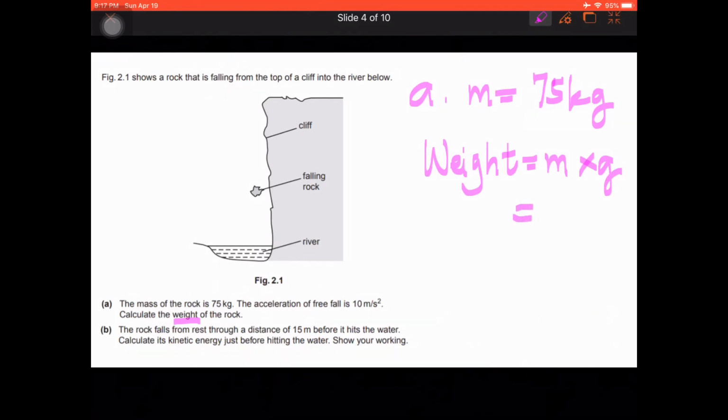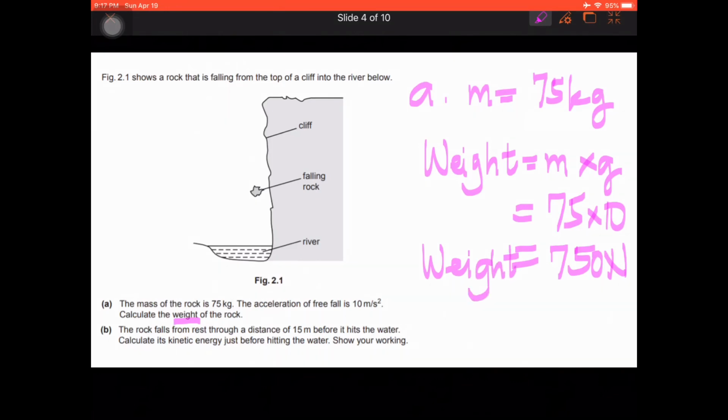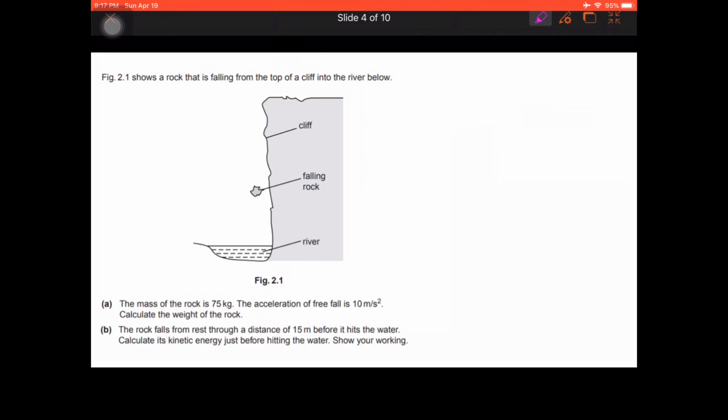So therefore we have 75 times 10. Therefore our answer for the weight is 750, and the SI unit is newton. Why is it in newtons? Because weight is a type of force which is acting downwards. So that's the first question. Move on to question letter B.